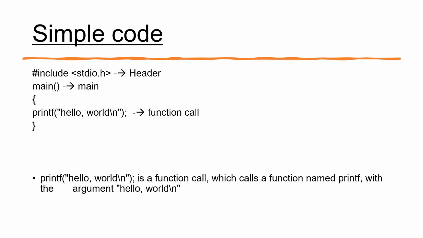There are different types of headers like stdio.h, which stands for standard input and output header. It is used when you need simple input-output code, or math.h, which is used for higher mathematical calculations in a code. After that, we have main. Inside this is where you write your executable program.